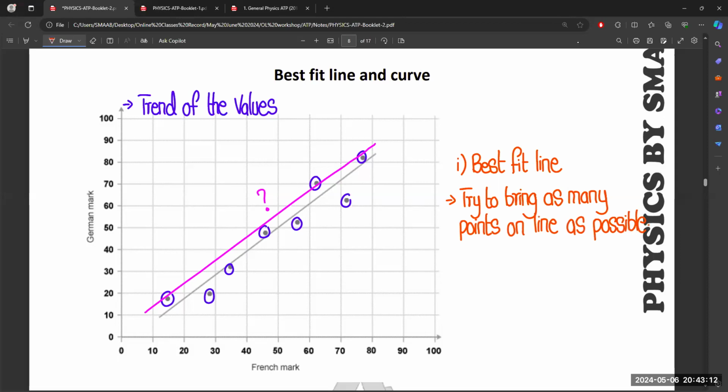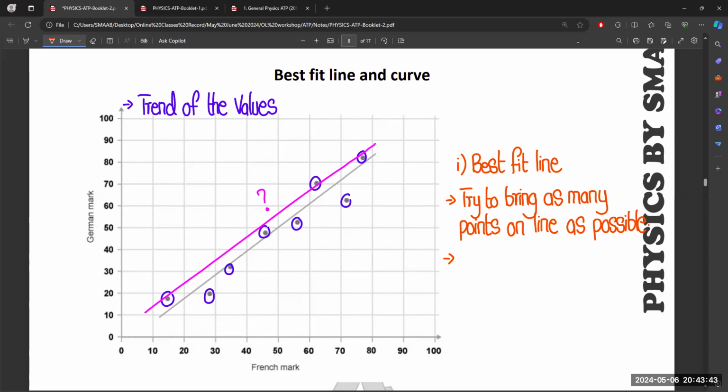But if it is not happening, in most questions, like 99%, you will get all the points on a straight line, right? Because you know that it is the first time you are attempting a paper like this. So that's why in most questions you will get, in an easy way, all the points already on a single line.